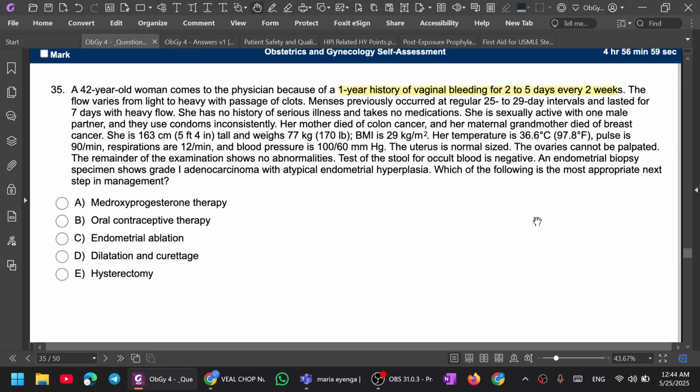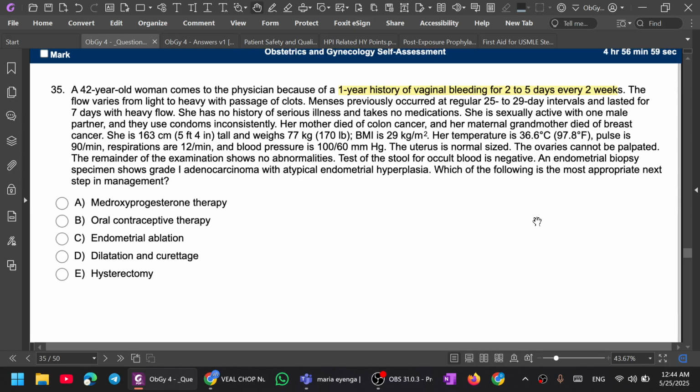Menses previously occurred at regular 25 to 29 day intervals and lasted for 7 days with heavy flow. She has no history of serious illness and takes no medication. She is sexually active with one male partner. They use condoms inconsistently. Her mother died of colon cancer. Her maternal grandmother died of breast cancer.